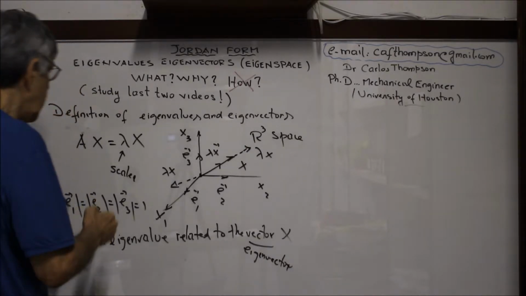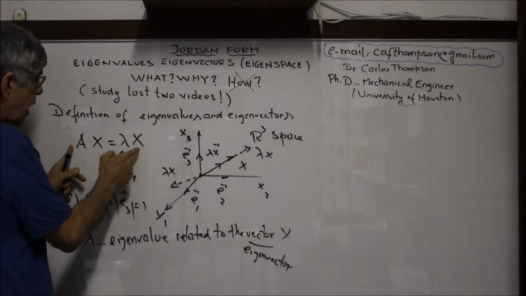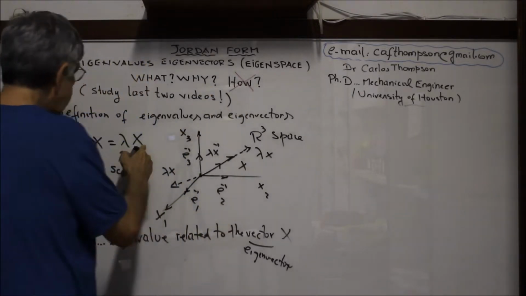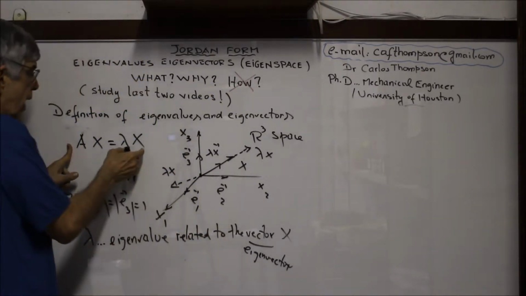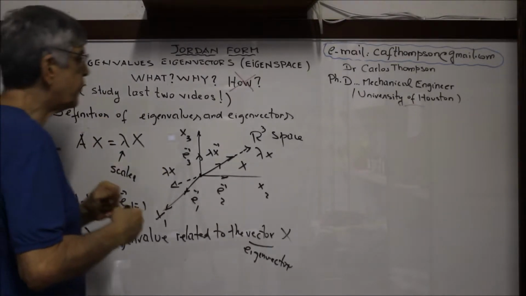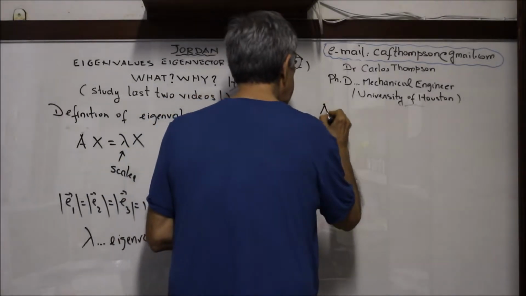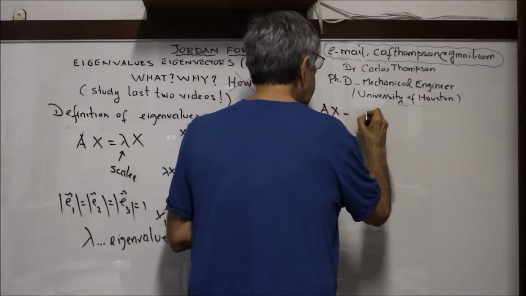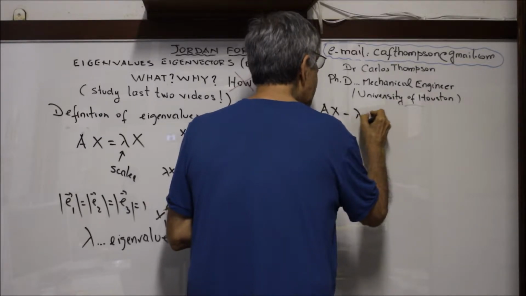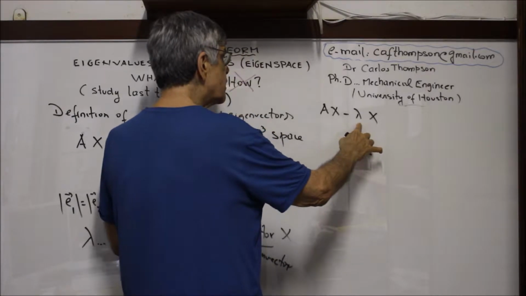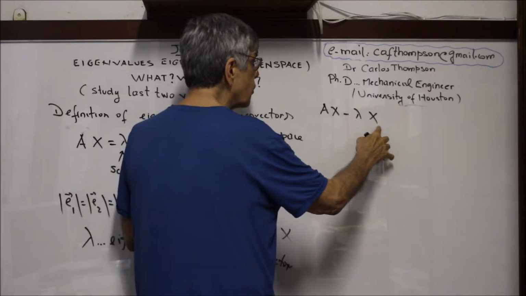Now, you see here, I write this right there. I can move the right hand side to the left hand side. Then I have Ax minus, look, if I put here just lambda x, that's not good. Why? Lambda is a scalar quantity and this is a vector.